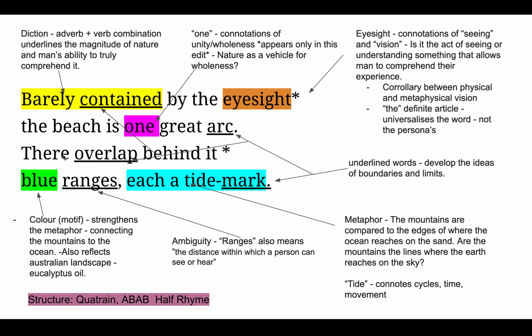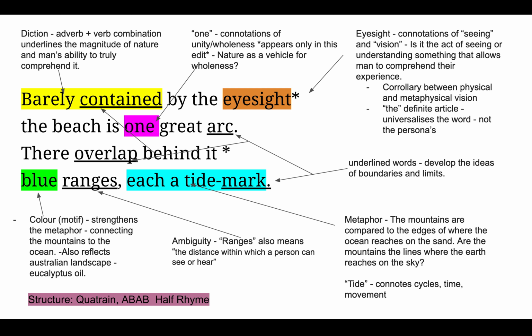There, overlap behind it, blue ranges, each a tide mark. I could have commented on the word there, which implies something separate to where the persona is, so distance, but let's not focus on that. What I do want to focus on is the idea that each of these underlined words, contained, arc, overlap, ranges, and mark, all develop the idea of boundaries or limits.